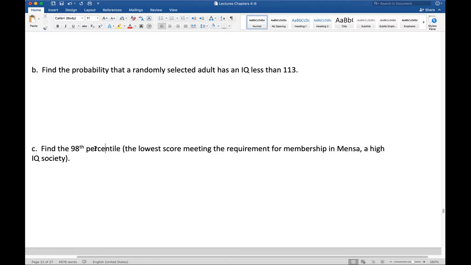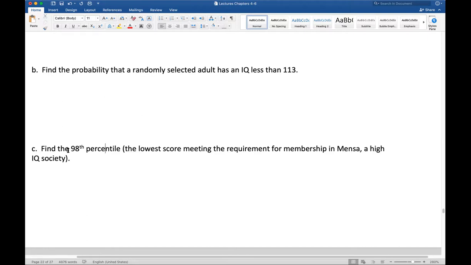So 98% is a percentage of what? Probability. So we have to find the data value, or in this case the random variable, whose probability from negative infinity to that random variable is 98%, which is 0.98. So we have to use inverse norm. Keep in mind, whenever you see a percentile, you have to use inverse norm.